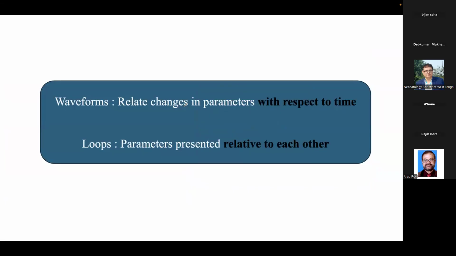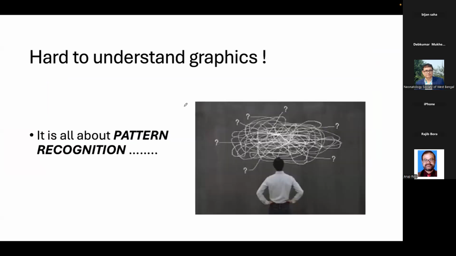Waveforms relate changes in parameters with respect to time, and loops present parameters relative to each other. When we look at all these graphics, the student or new beginner always finds it very hard to interpret these findings, and ultimately they stop using it.